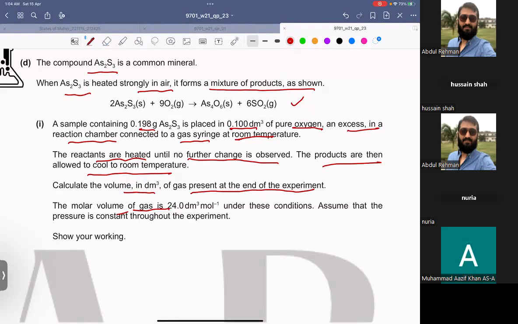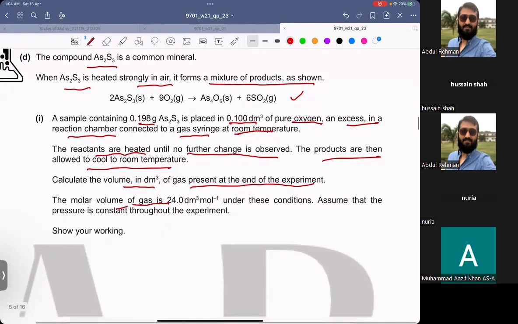The molar volume of gas is 24 dm cube per mole under these conditions. Assume that the pressure is constant throughout the experiment. Okay.